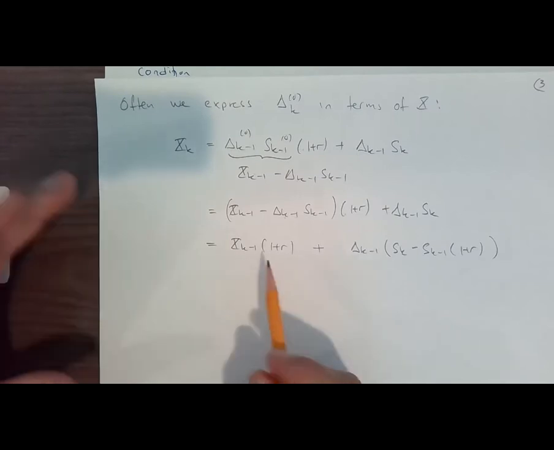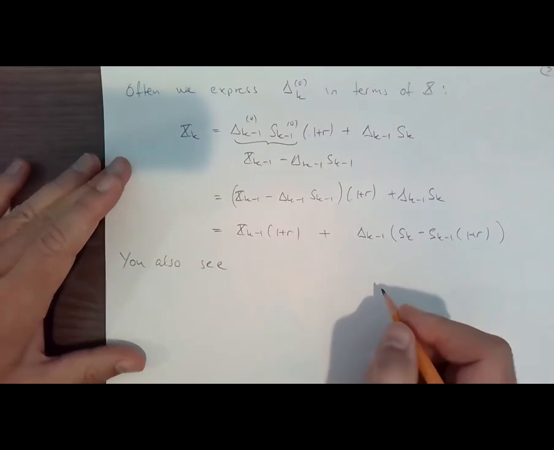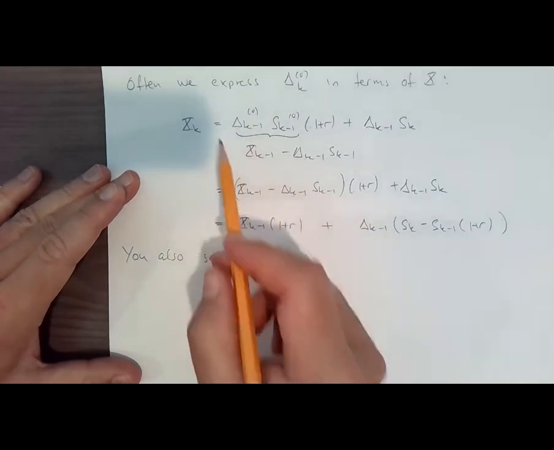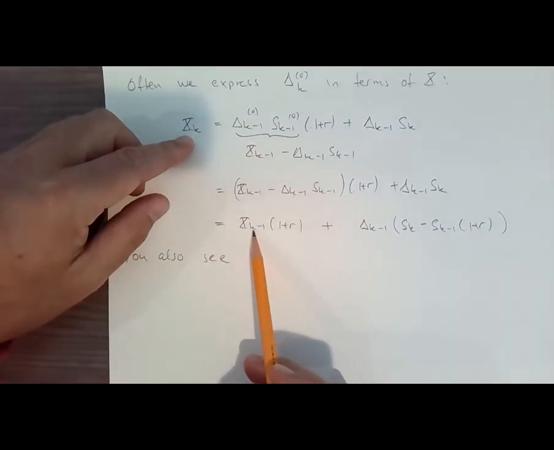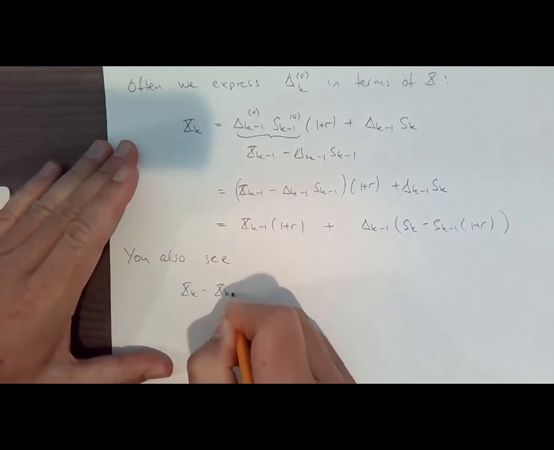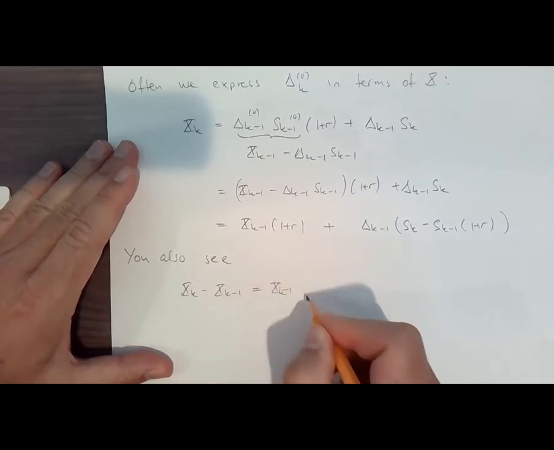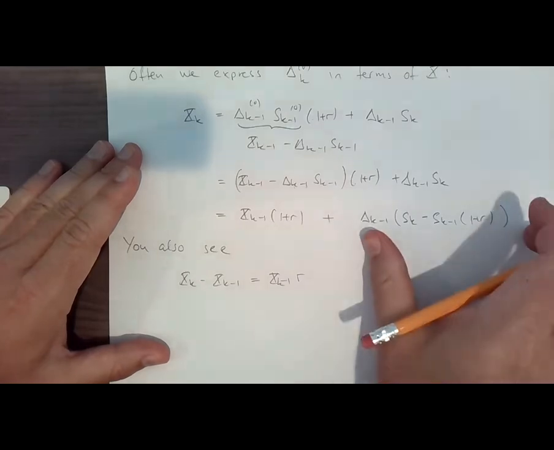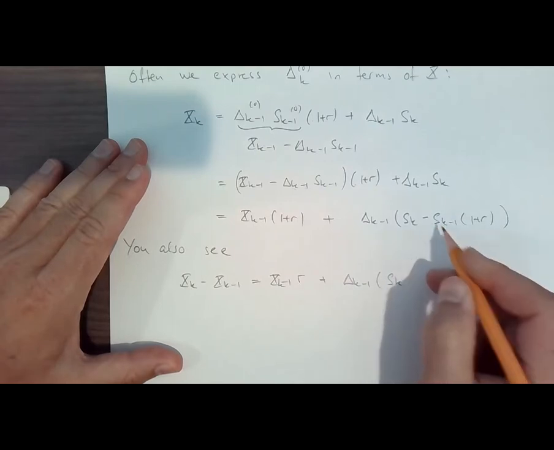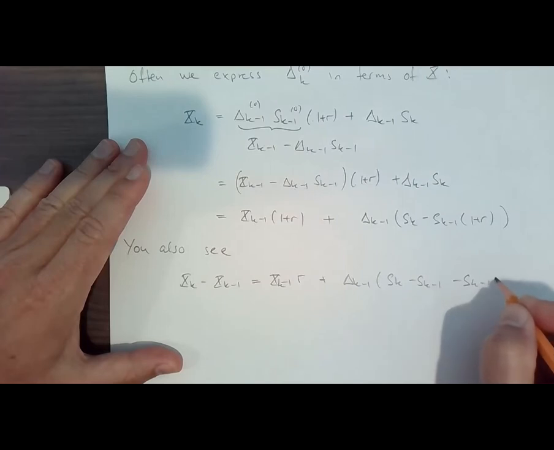Very often you also see expressions of the form: you have xk here and you have xk minus 1 here. If I move that to the other side, I'll get xk minus xk minus 1. That one is equal to xk minus 1 times r. And then plus the stuff over here, plus delta k minus 1 sk, and then you'll have minus sk minus 1 minus sk minus 1 times r.